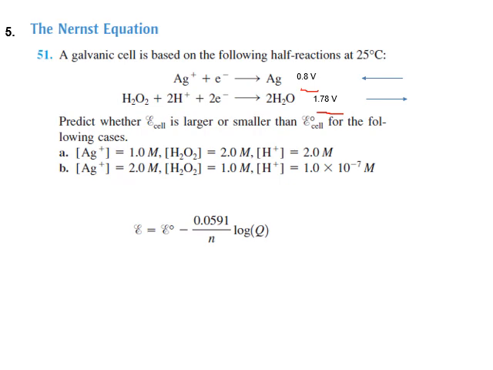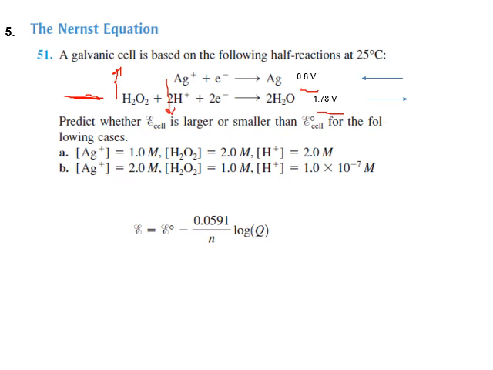So they've got them backwards. They've got them upside down. The thing on the top would be the H2O2 plus 2H+ plus 2 electrons gives 2H2O. So if you were looking at these in that standard reduction table, this would be on the top, and then the silver one would be on the bottom. And so we leave the one that would have been on the top alone, the way it's written, and that would be plus 1.78 volts.